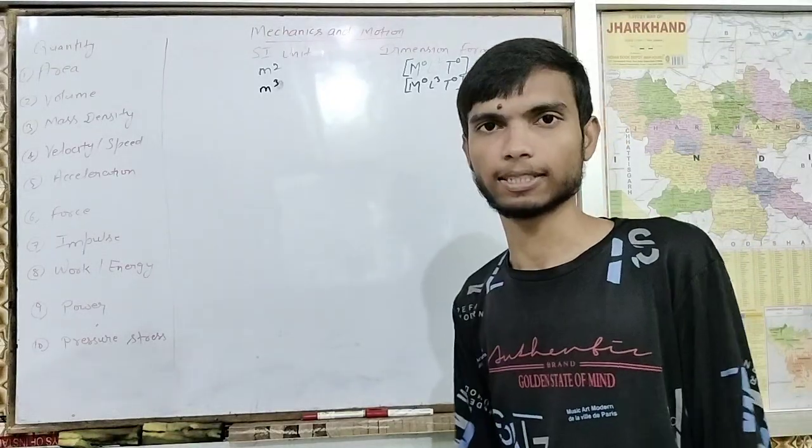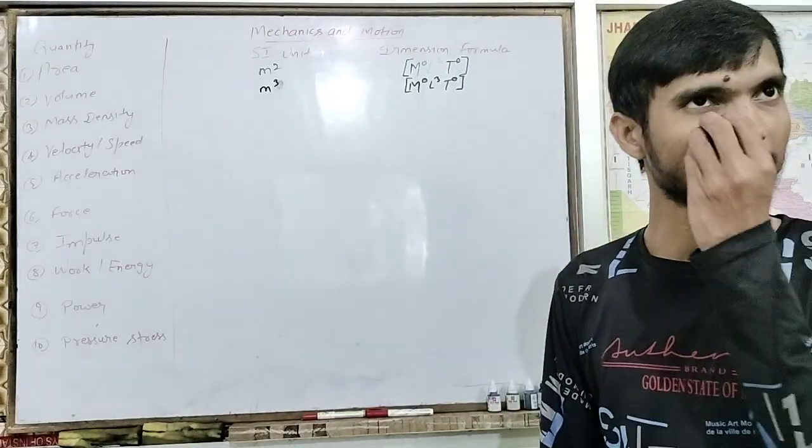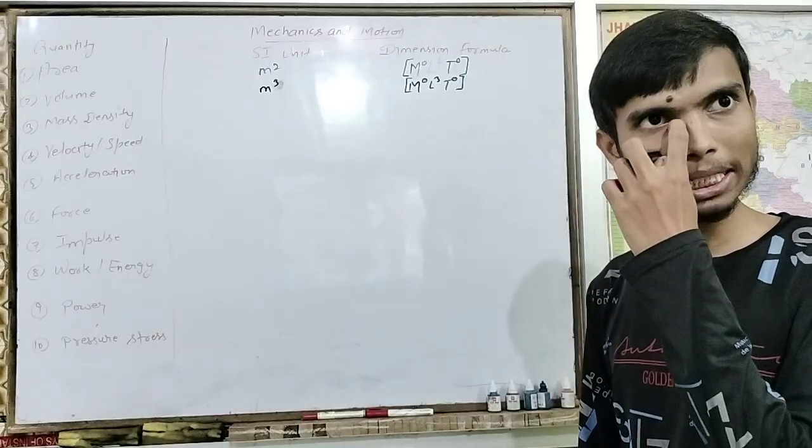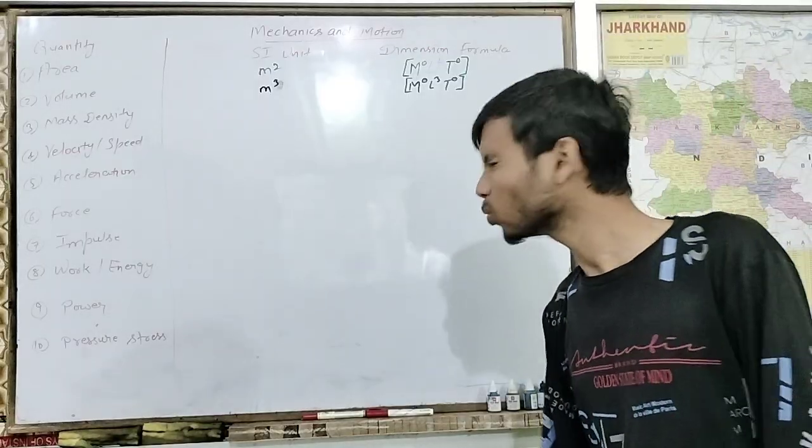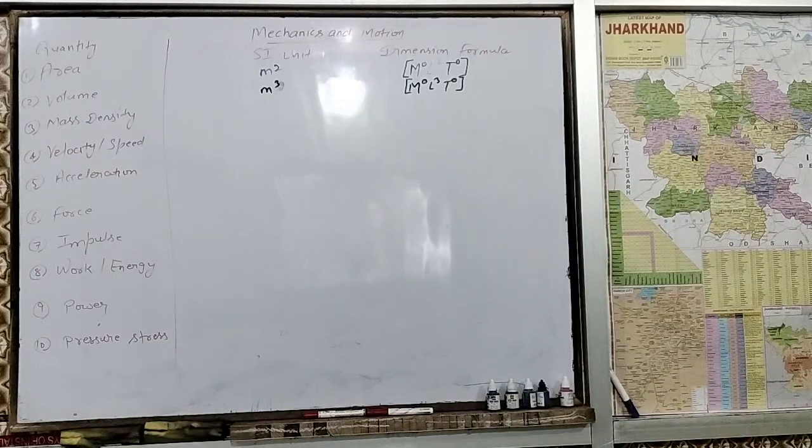Now next we have mass density. I think it should be kg per meter cube. Can you just look at over here? Tell me, mass, here we have mass density. kg per meter cube.